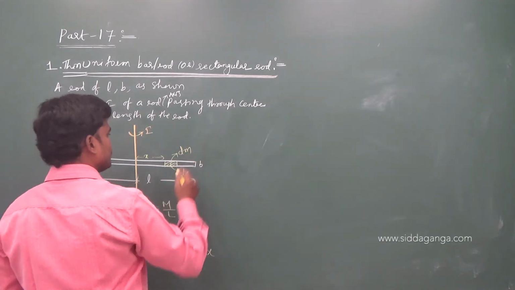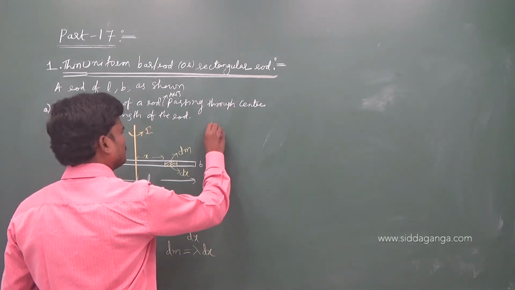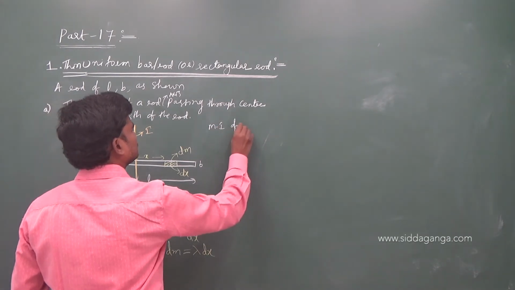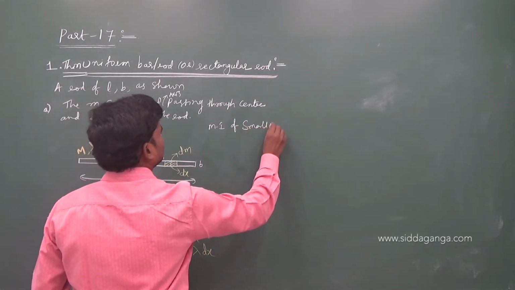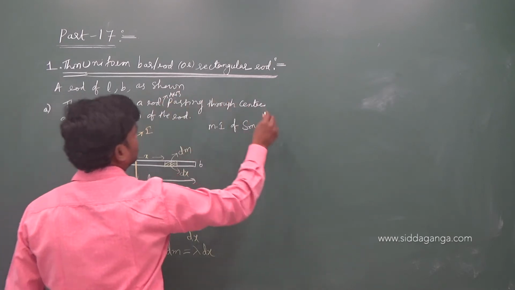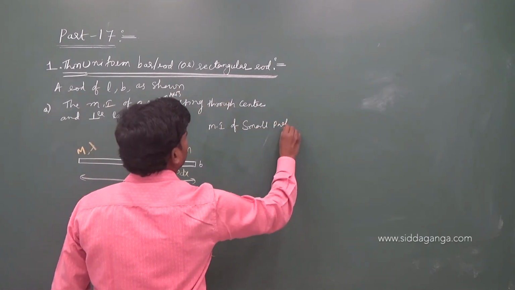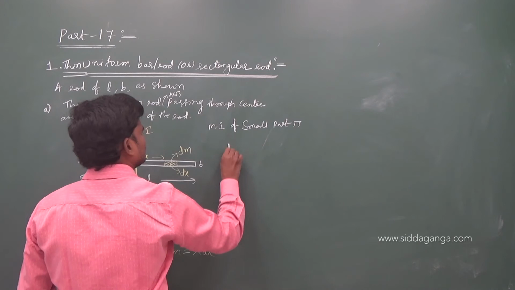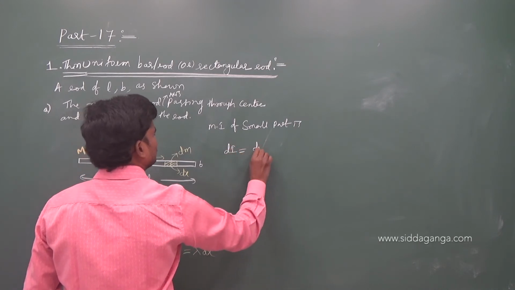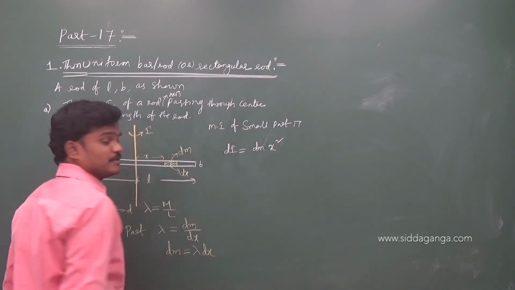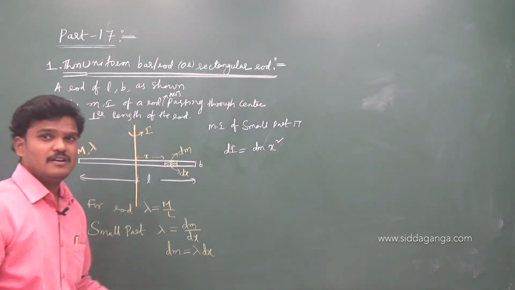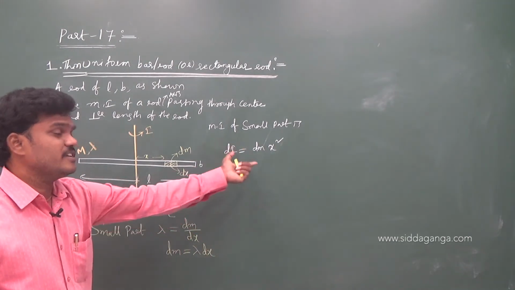Now the moment of inertia of the small part. For continuous distributed mass systems, the small part is dI, which is equal to dm into x square. What is moment of inertia? I is equal to mr square, so dI is equal to dm into x square.